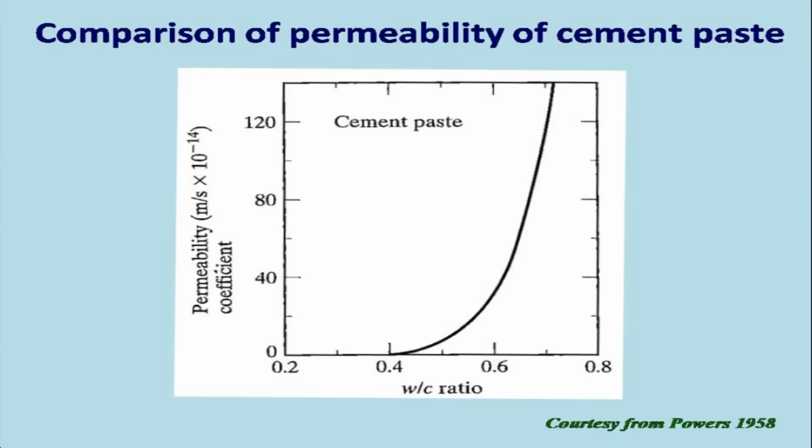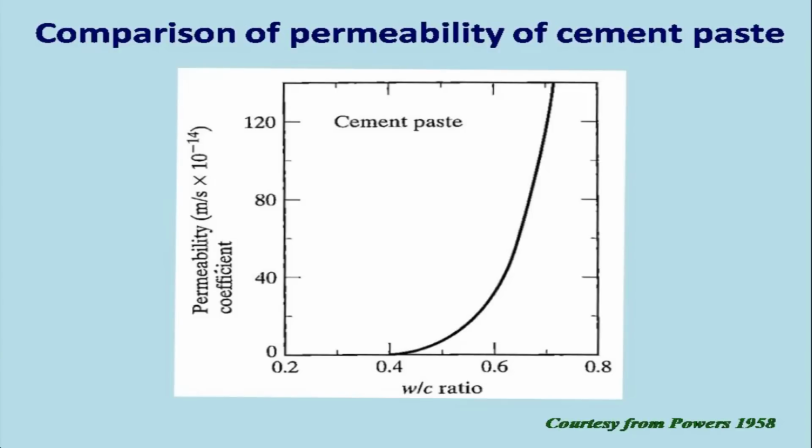Now a figure is shown here to understand what happens to the permeability of Portland cement paste with increase in the water to cement ratio. In the x axis you have 0.2 to 0.8, and in the y axis you have permeability coefficient ranging from 0 to about 120 or a little above, expressed in meter per second into 10 power minus 14. So you have to understand that these values are in the 10 power minus 14 range.